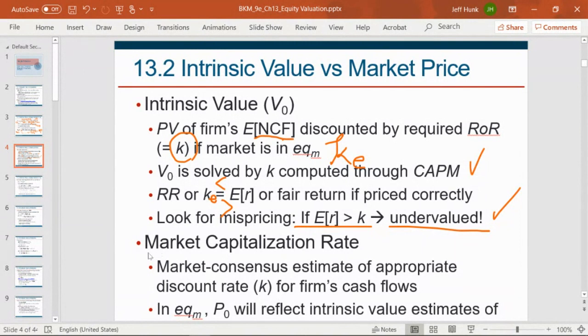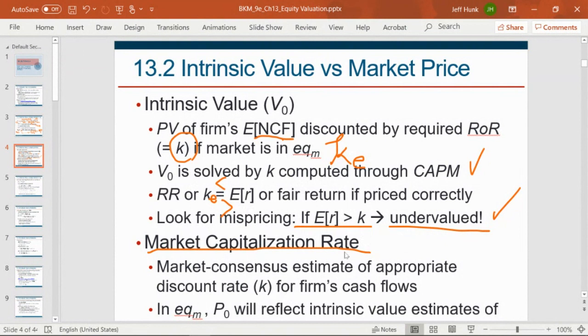But also, as a discount rate, we use market capitalization rate. So in other words, cost of capital, required return, they are all used as discount rate, right? But also market capitalization rate is another name for cost of capital.